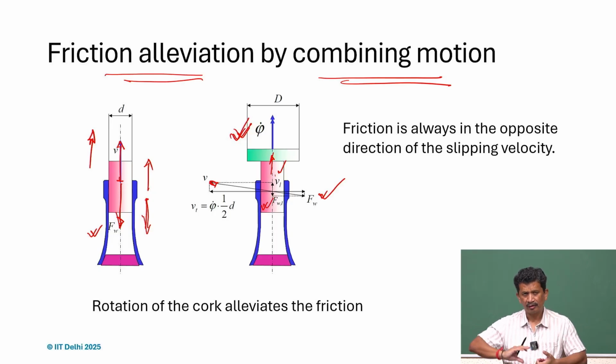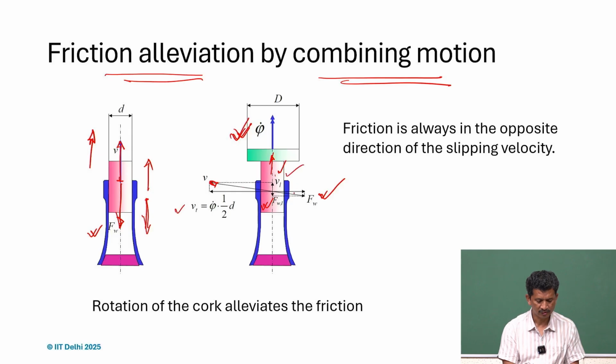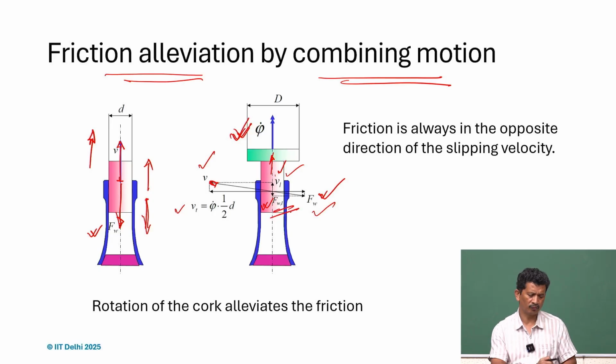As we start twisting, because of the relationship between Vt and Vl, we get the direction of V. So the Fw direction changes, and ultimately the force required to pull the cork or material out of that stuck bottle or any kind of pipe is only this much.